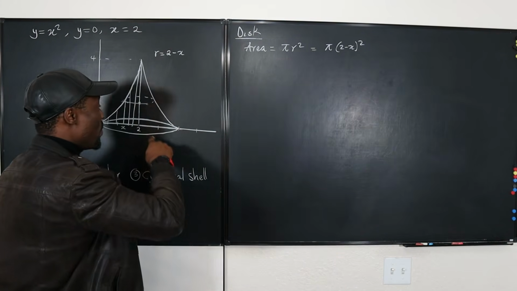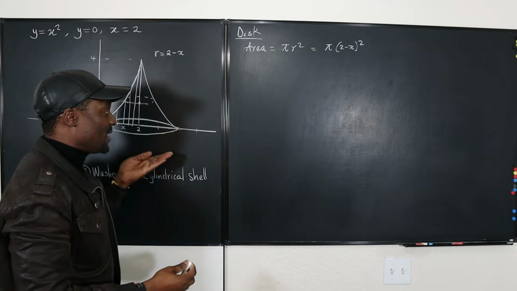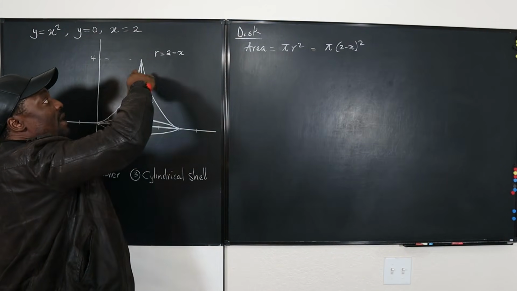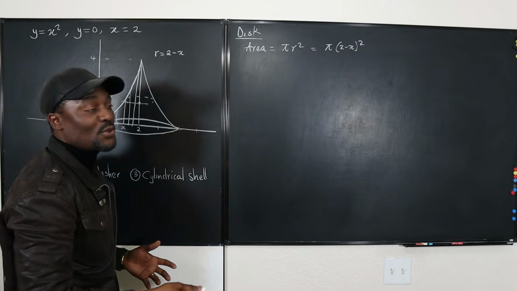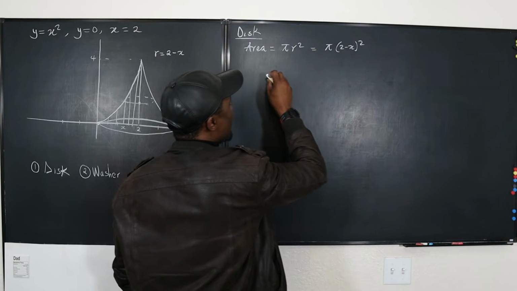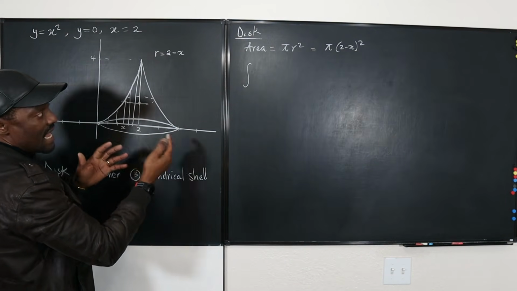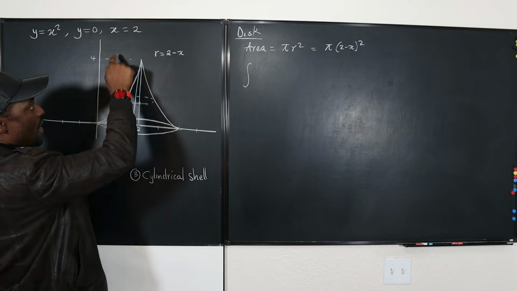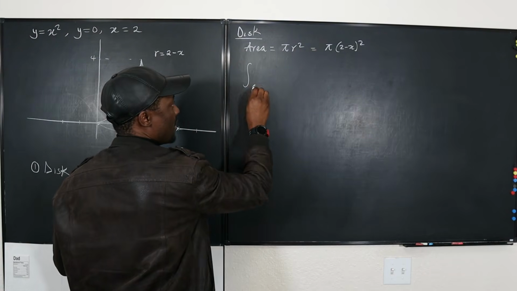I already know that the thickness of the discs stack up along the y-axis, so it has to be dy. So whatever I do will be the integral from the beginning to the ending of our stacking, from 0 to 4.